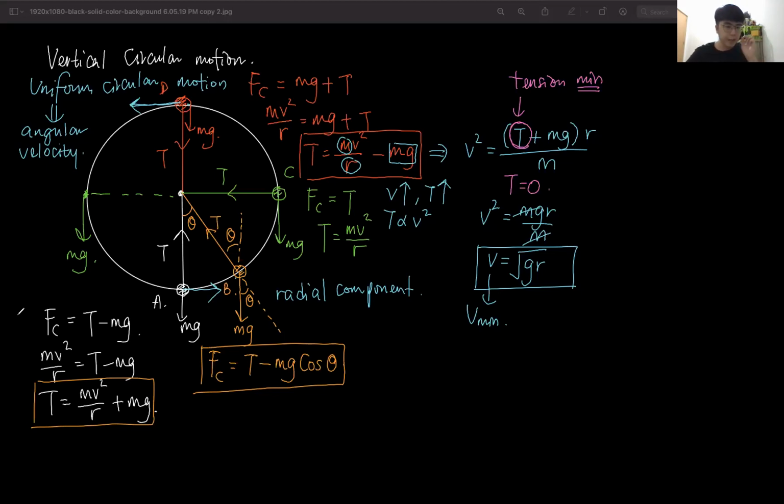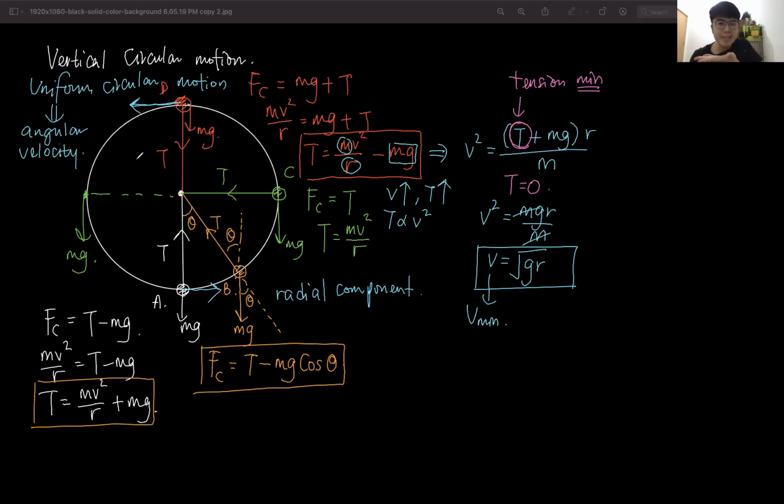Also, let's talk about the value of the tension moving from A to D. Let's say I swing the object from the bottom to the top, meaning that the object moves from A to B to C and to D. What happens to the value of the tension? You know at the bottom it is the biggest, right?